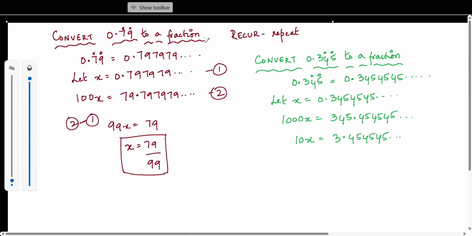Since these two fit the bill, let us subtract 1 minus 2, 1000x minus 10x, 990x. So the decimal places will get cancelled. 345 minus 3 is 342. x will become 342 by 990.